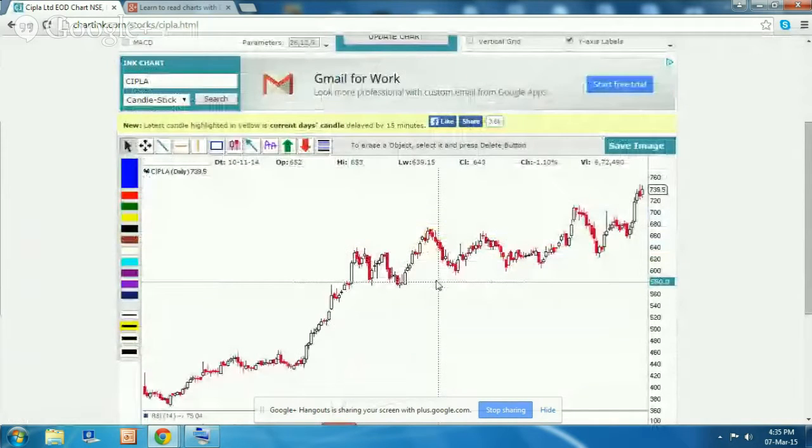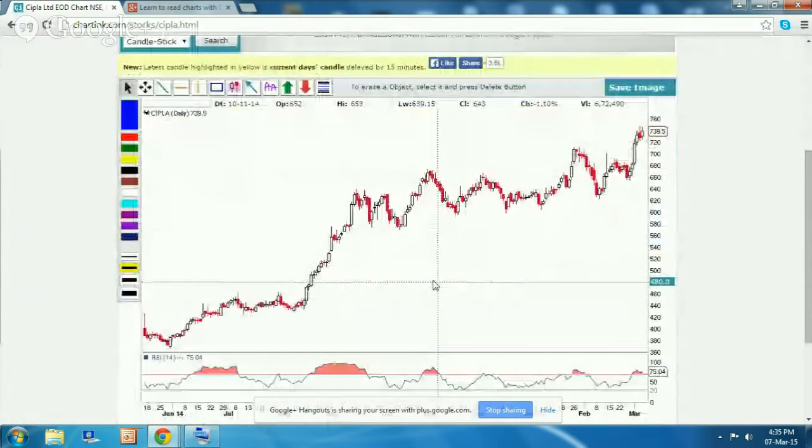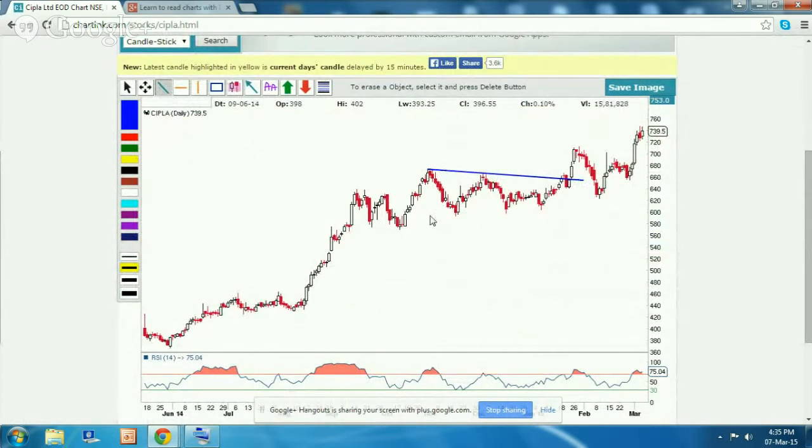Now let me show you one more pattern. I'm drawing a line from here and one more line like this. The top line joining two tops is slanting downwards, and the bottom support line is not exactly horizontal, slightly tilted on the upper side. I will call this a symmetrical triangle.